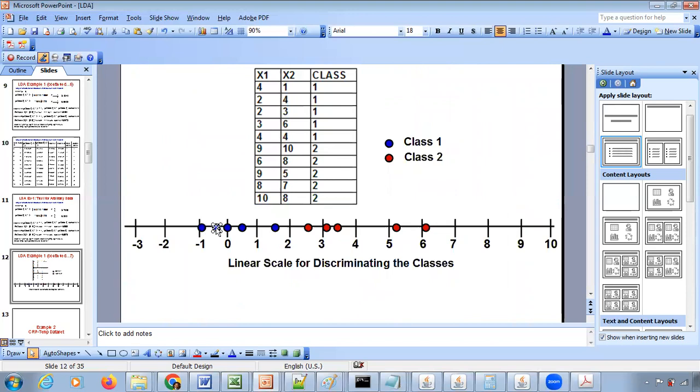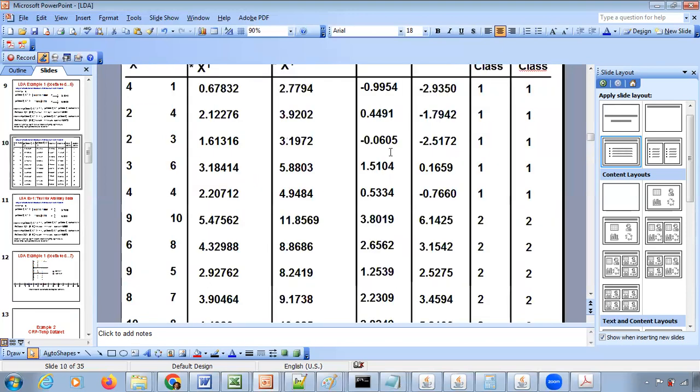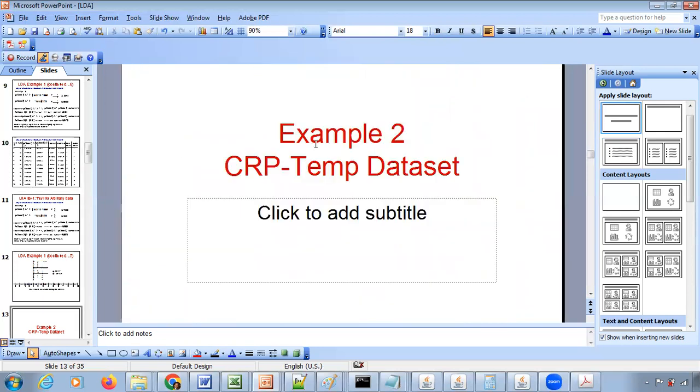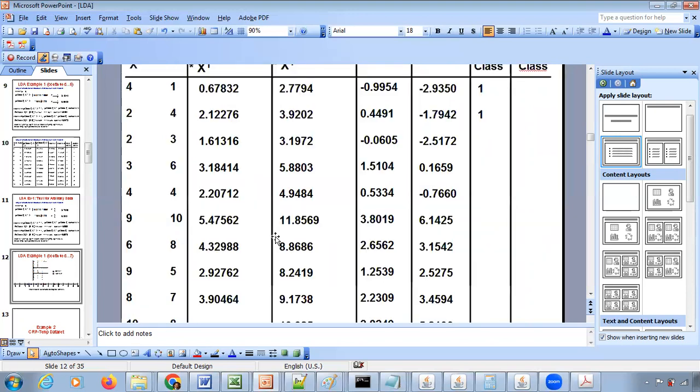And then this data point will be something between 0 and negative 1. So probably it's going to be this one, and so on.